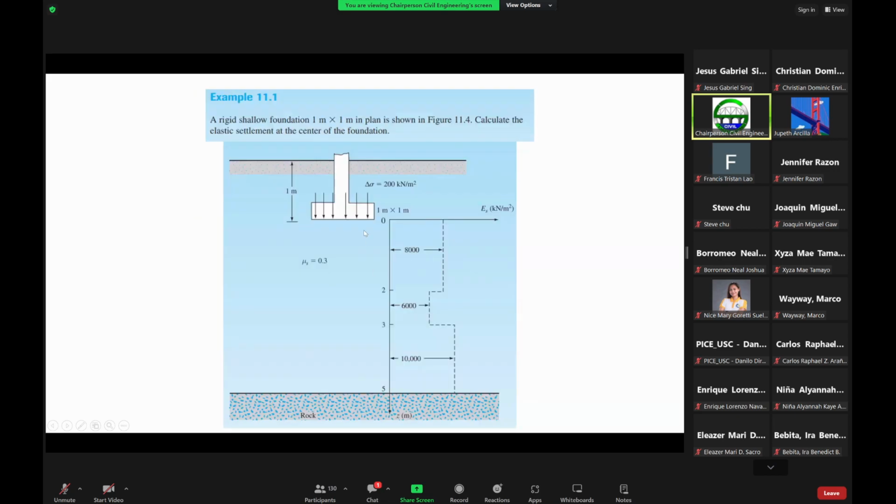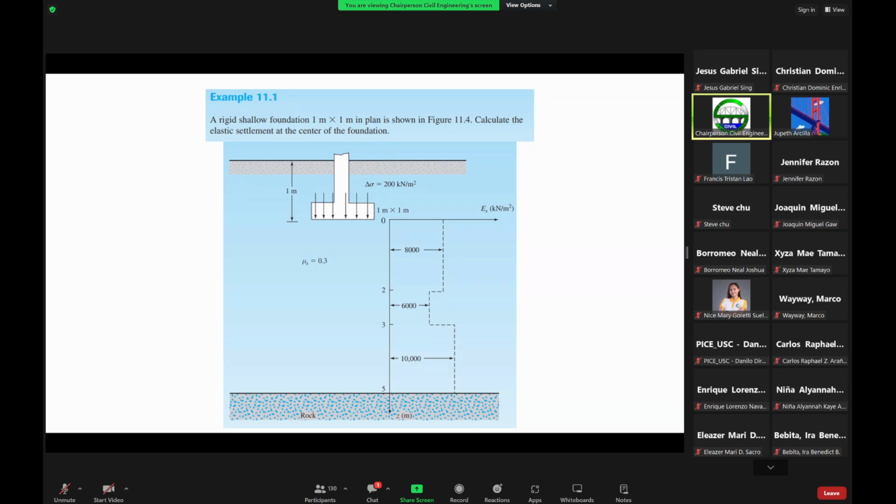That's the distance from the bottom of the foundation down to the competent material, in this case the rock layer, wherein you don't have much settlement that will occur.